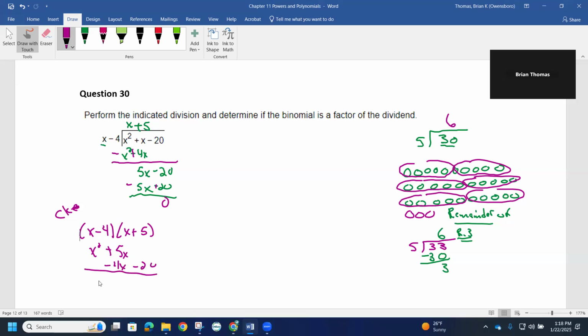So we're seeing x squared plus x minus 20. And notice how that does match the dividend. It does check out. So x minus 4 would be considered a binomial factor, since my remainder was 0.